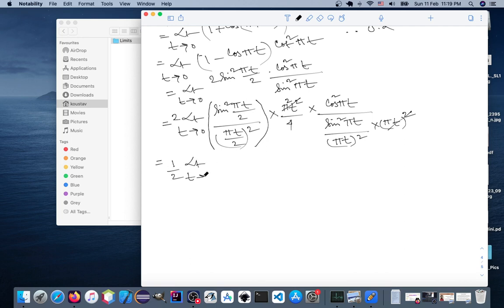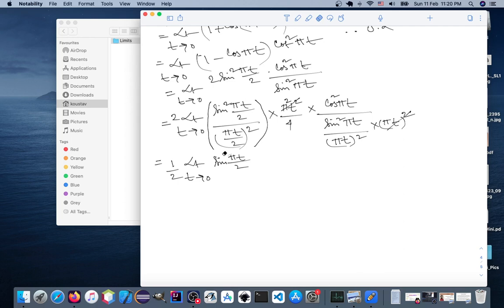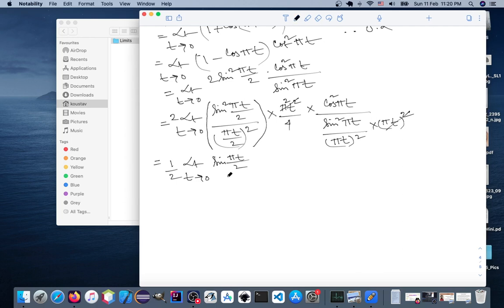Half, limit x tends to 0, sine pi t by 2 whole square, multiplied by cos square pi t, divided by sine pi t by pi t whole square.